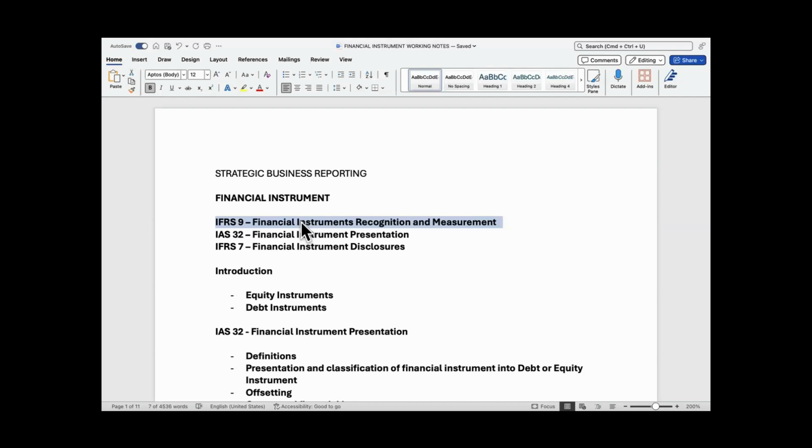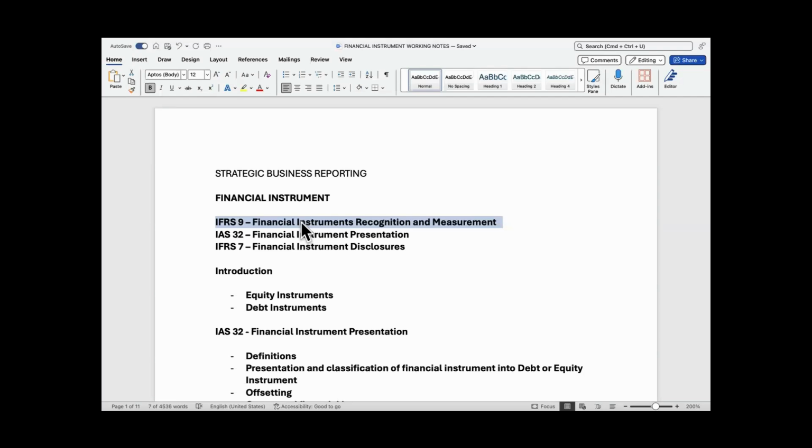But I made mention of transaction cost because there's no way you can buy shares without involving stockbrokers. You always pay a fee when you enter into share transactions. There will be stamp duties, exchange fees, and brokers' fees. All of those fees are transaction costs. And I told you that the treatment of that transaction cost depends on how the equity investment is classified.